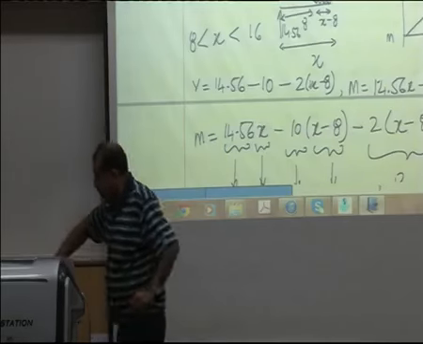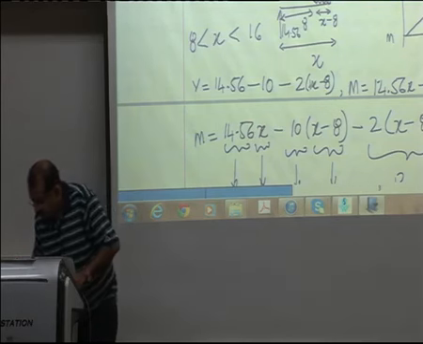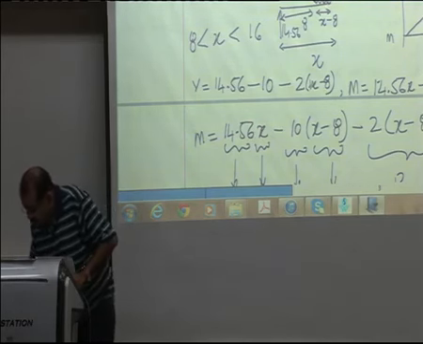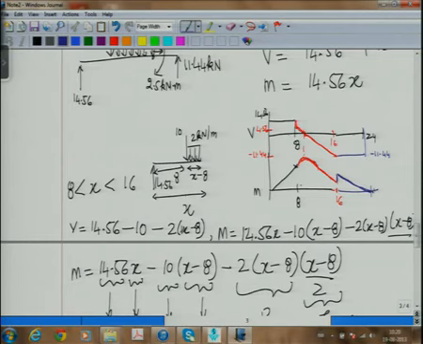So from this point, first you create a jump and then it will be a straight line going up to 0. So this is a straight line, and this red portion is quadratic.